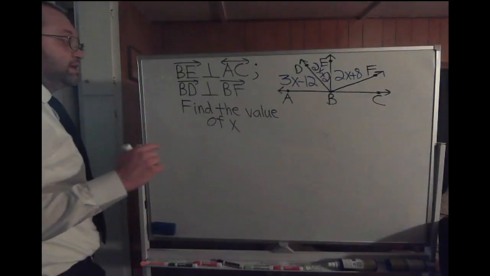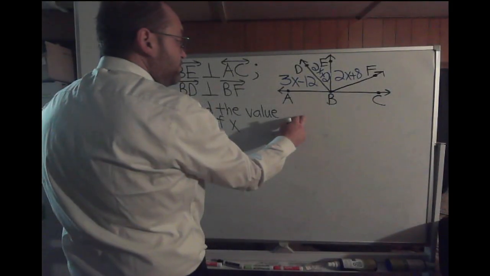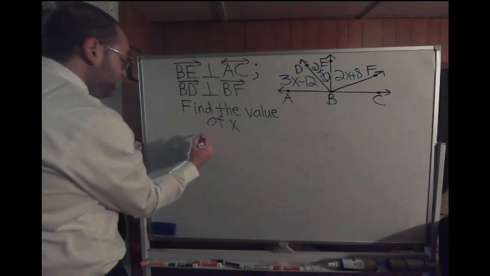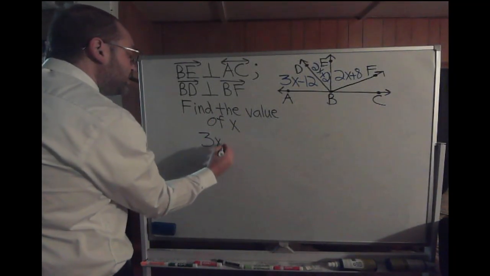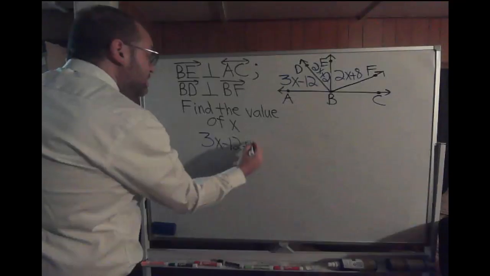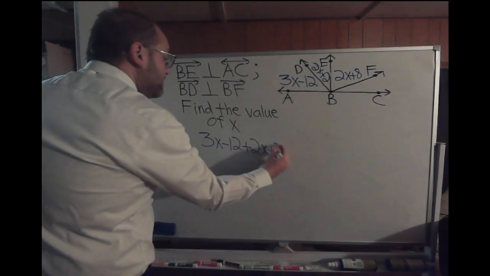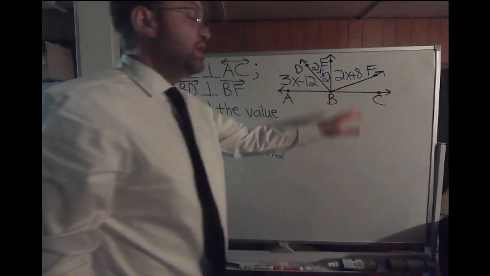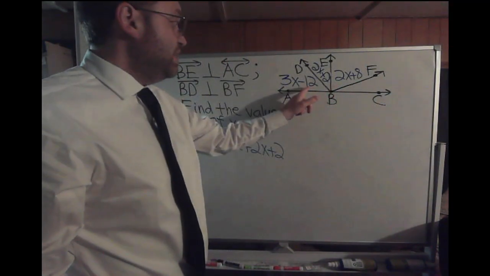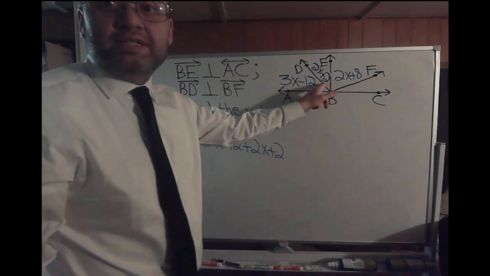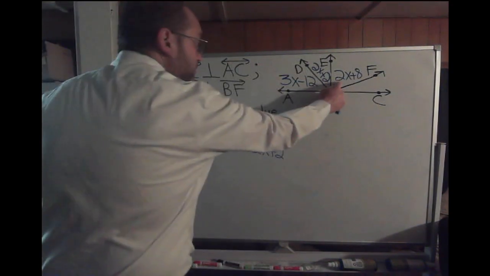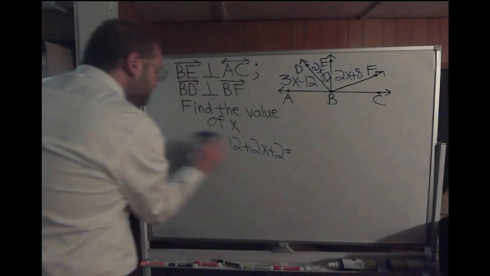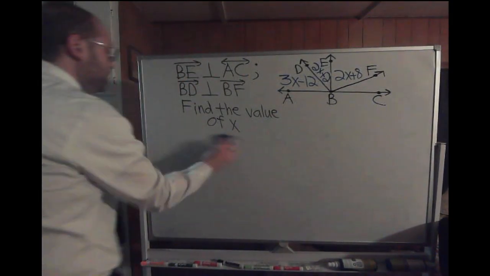For the first one, we add up 3x minus 12 plus 2x plus 2 to be 90, which means that we need to throw out the 2x plus 8. We're not even going to consider 2x plus 8 because right here with these two we have 90 degrees. So there's no need to include it in this one. Let me move this over a little bit because I'm going to show both ways.